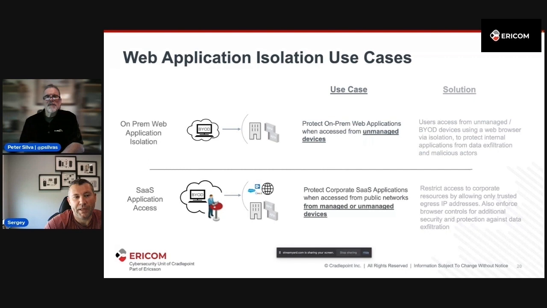Yep. And how do we do that? Obviously, you need to connect that application, which is running somewhere on-prem in the data center, to the cloud platform. And this is exactly what we'll be talking about today. There is a nice and easy way to do that if you already have a Cradlepoint router in place.